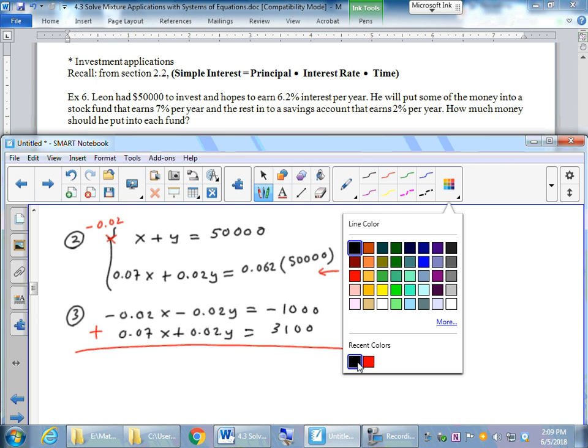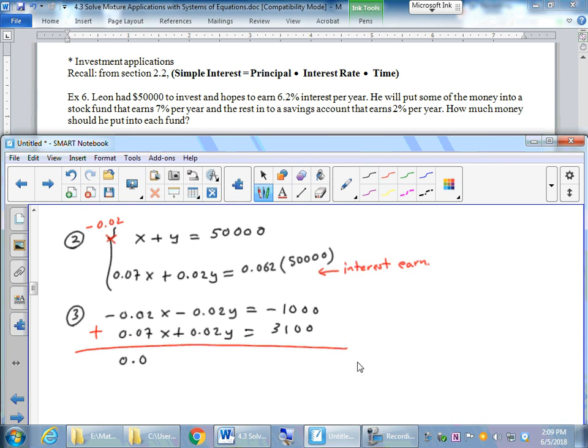So this will eliminate variable y, and I will get 0.05x is equal to 2,100. And dividing both sides by 0.05, that will give me 42,000.